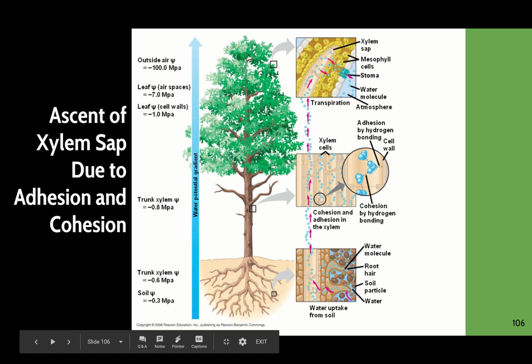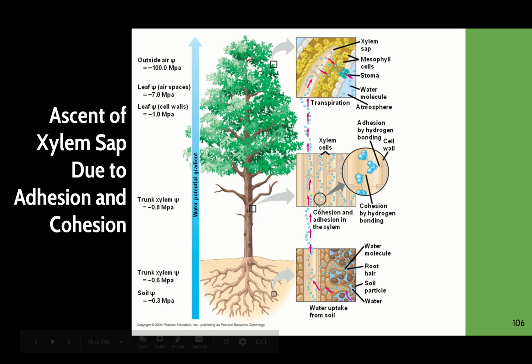So as the water enters the roots and starts traveling through the symplast, the cohesion is water molecules that want to attach to themselves because they're attracted to each other. Remember, those hydrogen bonds are attracted to the oxygen in water, so they're going to be attracted to each other. And adhesion means they are going to be attracted to the surface of the xylem cells.